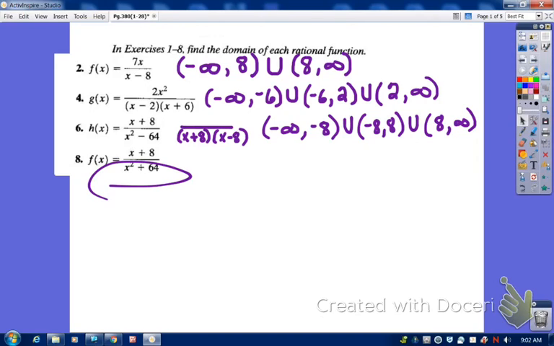No, positive squared plus 64 will give you 0. 0 squared plus 64 will not give you 0. X squared plus 64 will not factor because it's not the difference of squares, it is the sum of squares. So there's no excluded values in number 8, so we say the domain is negative infinity to positive infinity. All right, any questions about those 4?